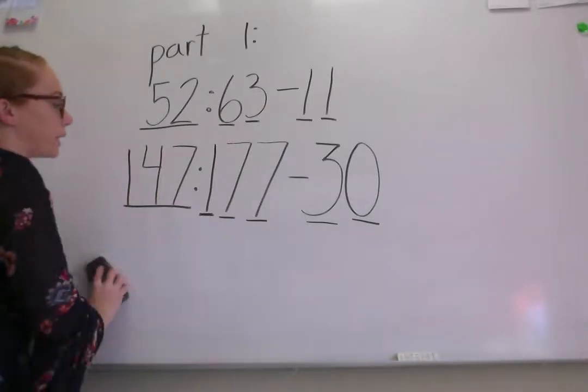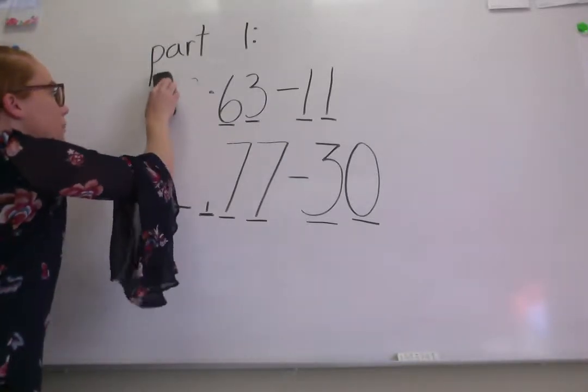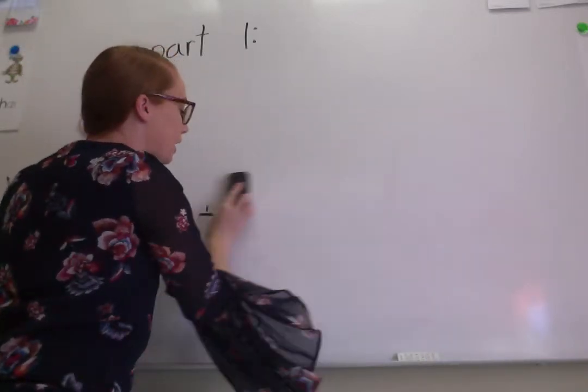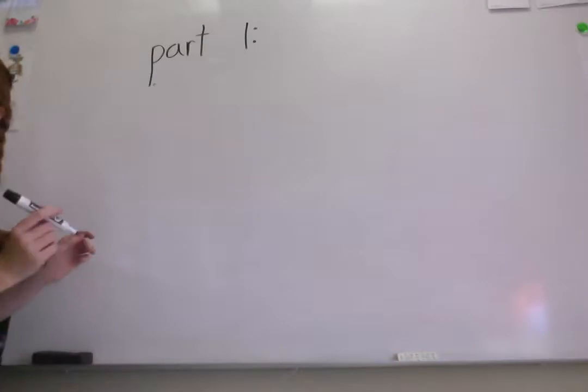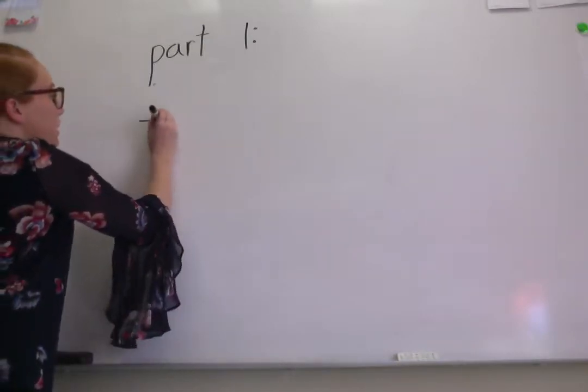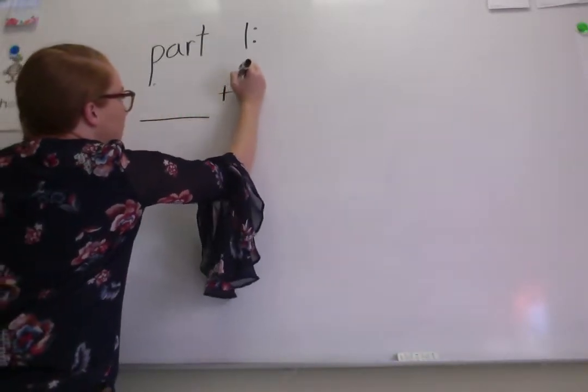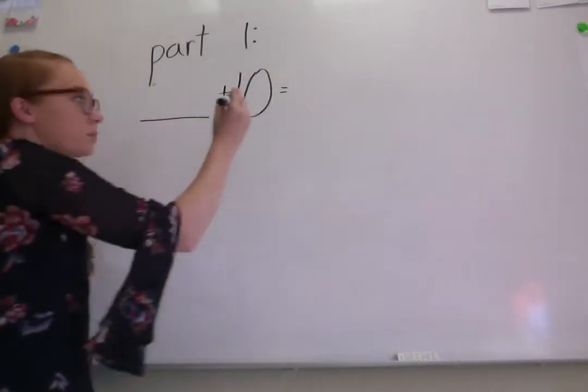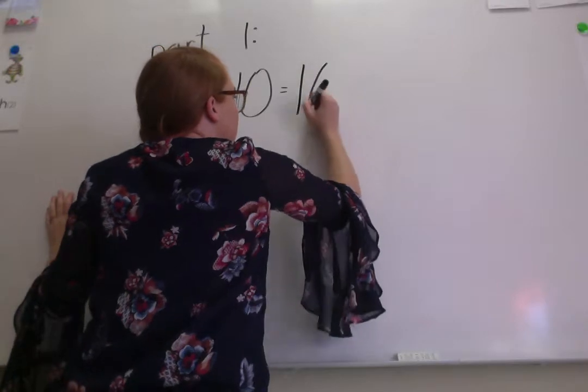Now sometimes our blanks might be in another spot. Maybe they're within the answer, maybe they're within the question, where it gives you the answer and one of the numbers and you have to figure it out. So what if it says blank plus 10 equals 164?